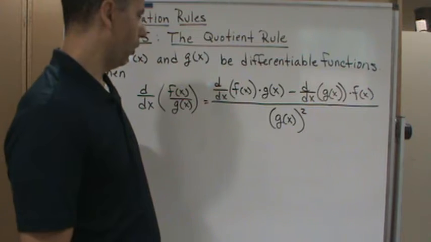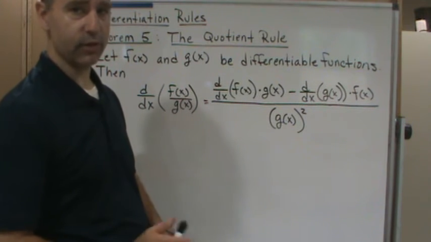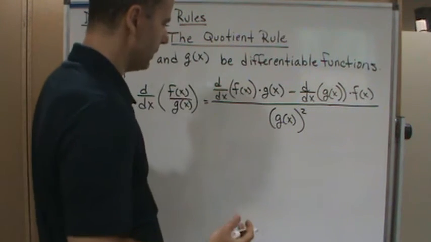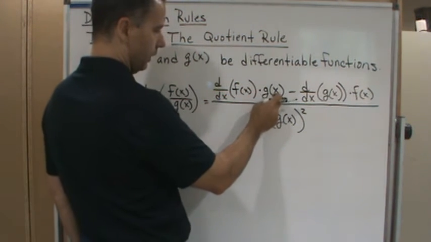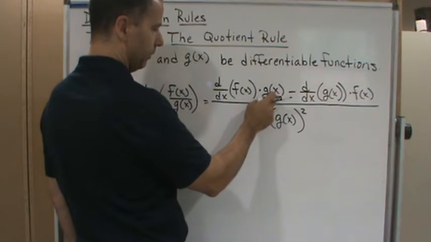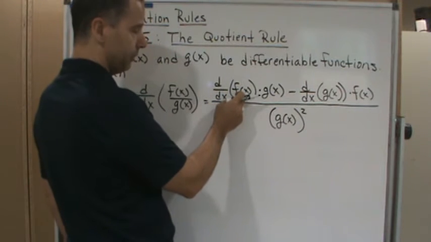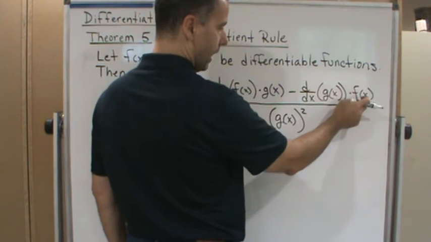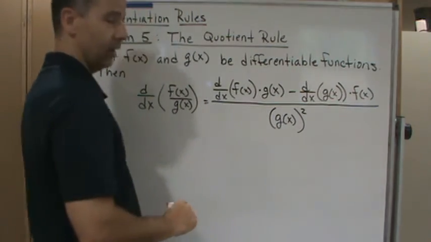Okay, so there's a mnemonic that you can learn, and there's a few of them, but the one that I like is you always have low d high, right? Low, the bottom, low times derivative of the top minus the top times the derivative of the bottom divided by the bottom squared.